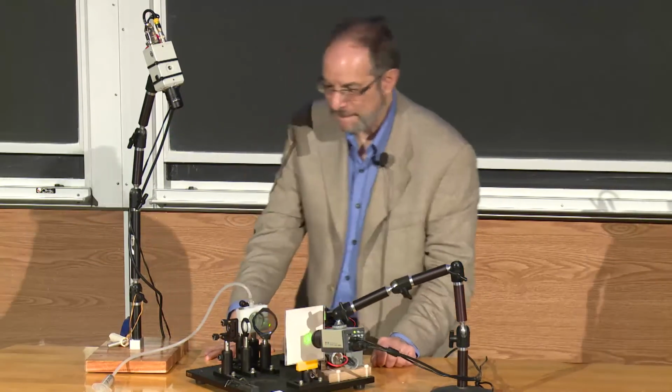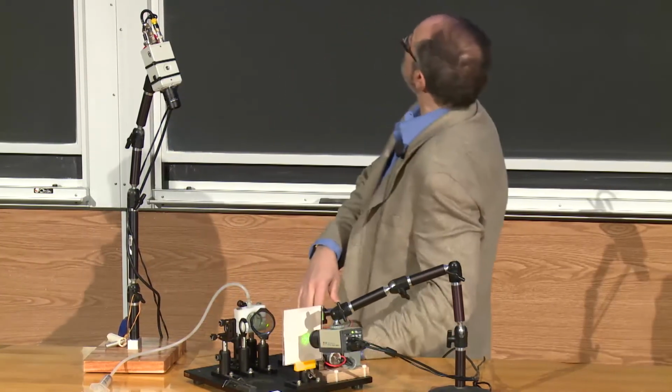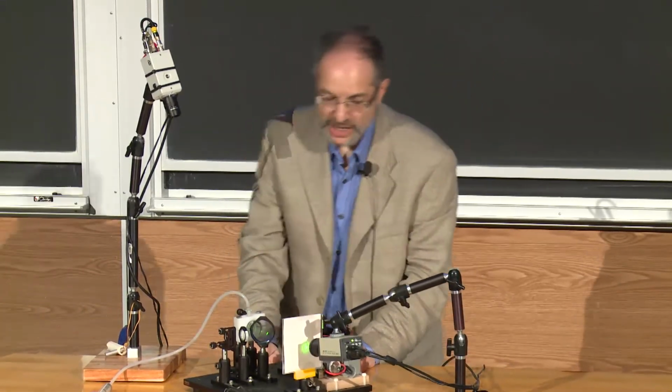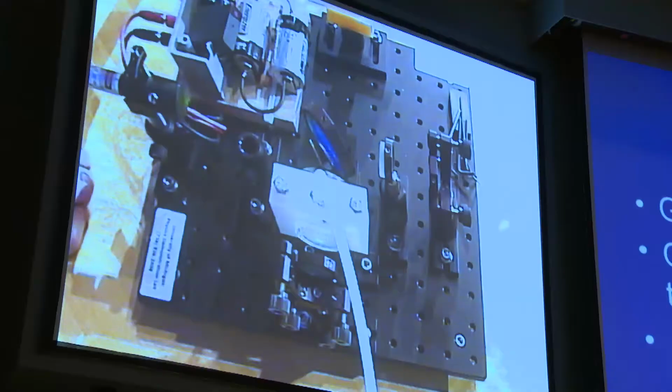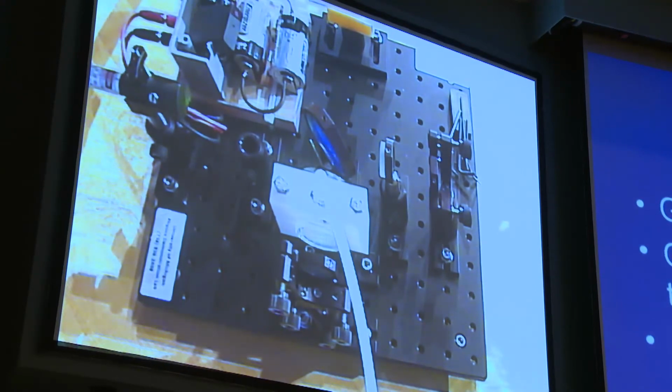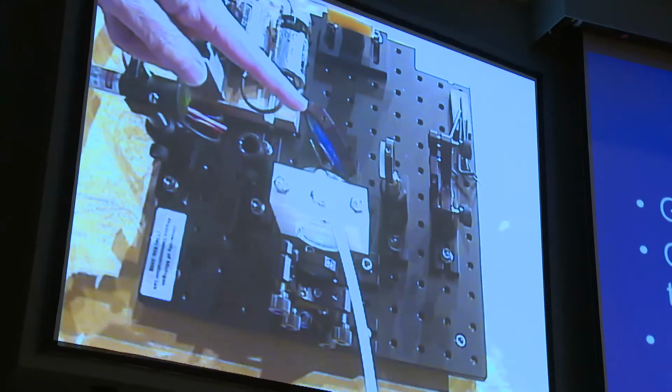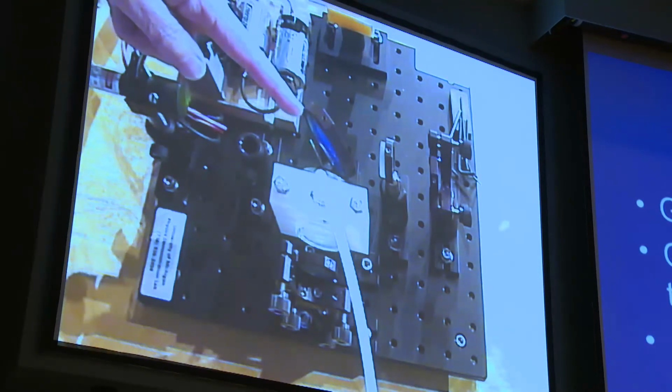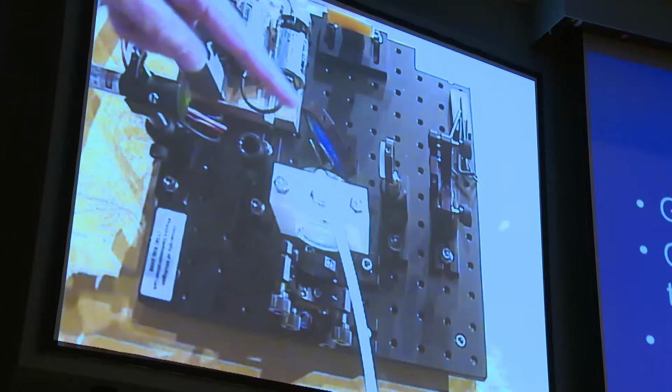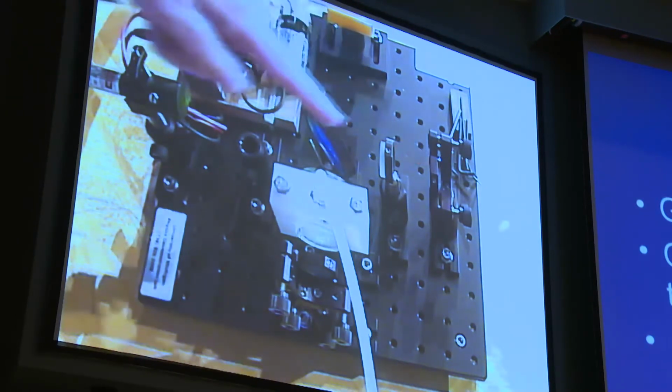Okay, thank you. Okay, so the idea of this apparatus is that you have a laser beam, and what it does is to go into this mirror, and when it does that, it's split in two. So half of the beam goes to this mirror, bounces back.